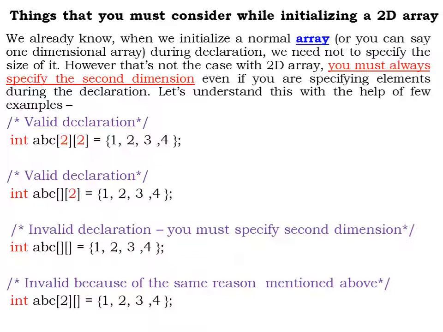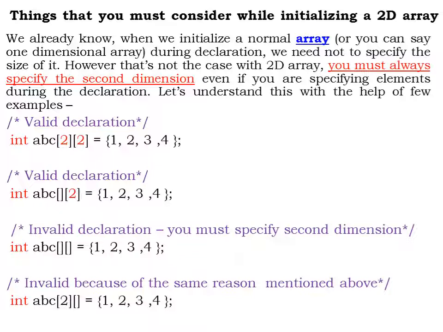So rows have not been specified, whereas the column value has to be specified. In this we have 2. So 1, 2, 3 and 4 are the values. By default it will take the first dimension value as 2. So it will again be 2 rows and 2 columns.